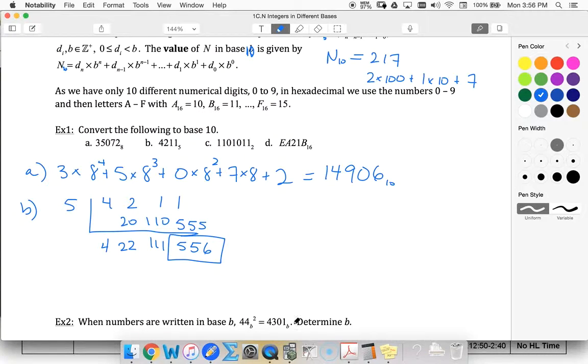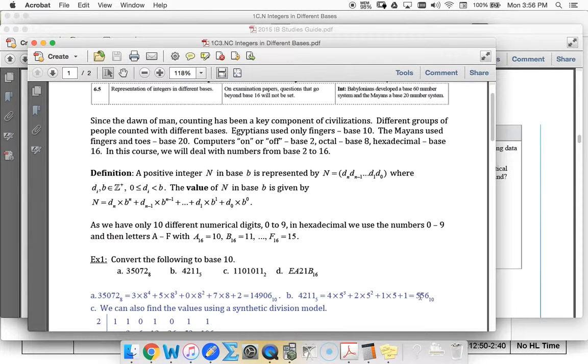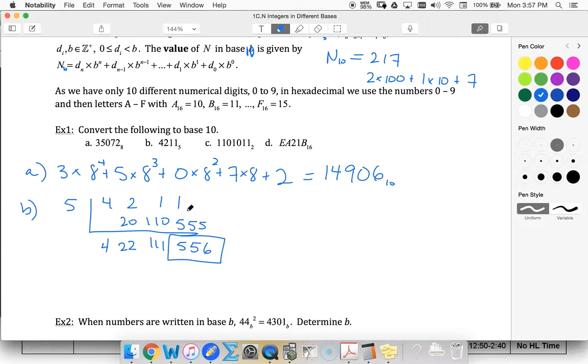That seems like too small of a number. Let's go check. 556. All right. So either way, we can work it out using this method or using a model similar to synthetic division. And here, I think I said that my 4 was going to get multiplied by 5 four times.